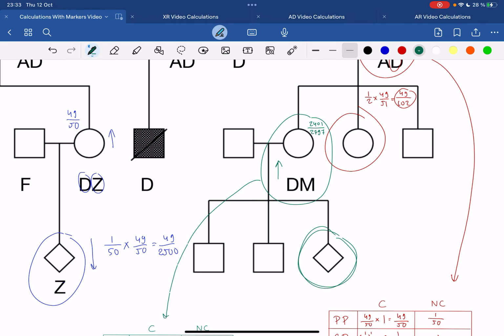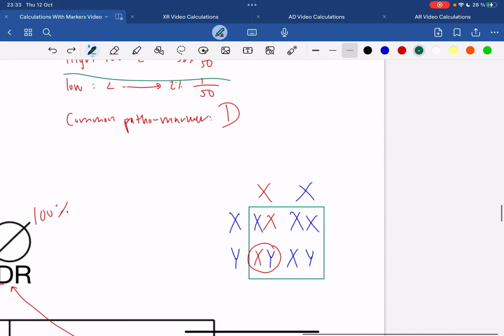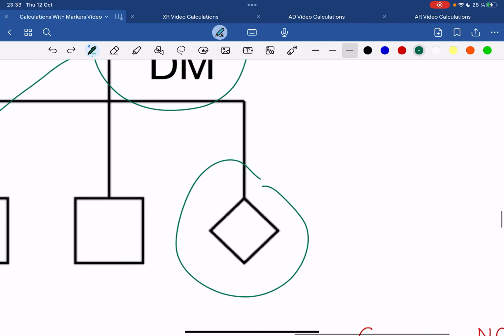Now, in order for the child to be affected, we don't really know what the child's markers are. So we will assume the Punnett square rule, and that is, in order for the child to be affected, it has to be born male and a carrier, so it's 1 out of 4. Therefore, we will have to write 1 out of 4 right there.